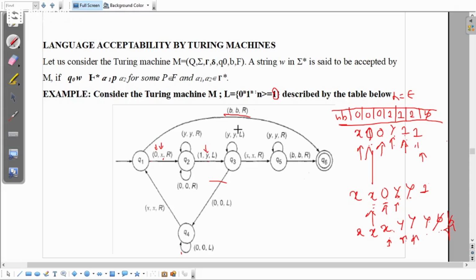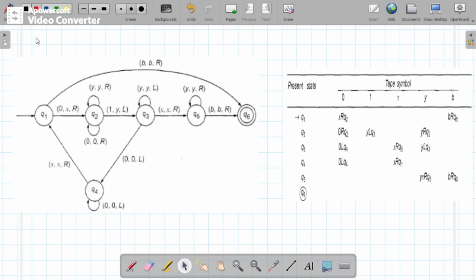Okay. So this is about the Turing machine construction, and for this we can construct a transition table.